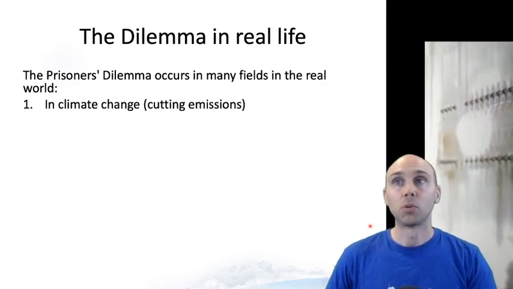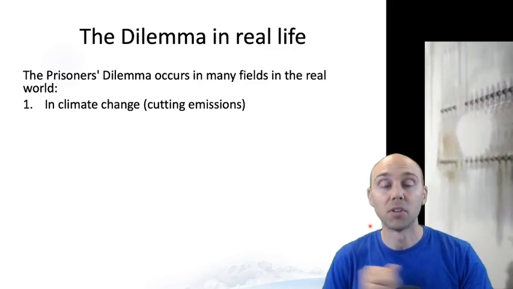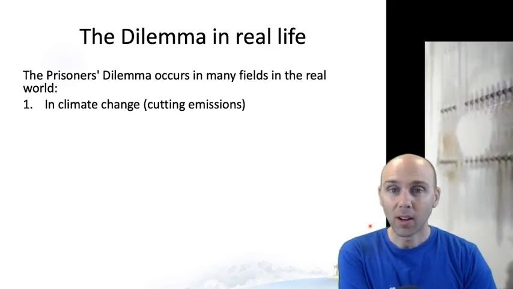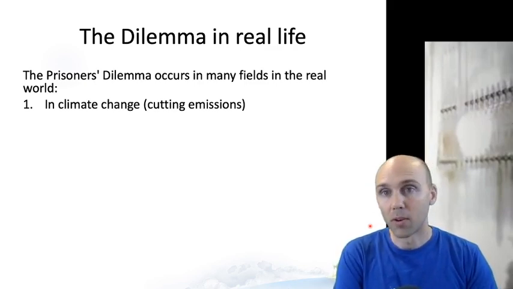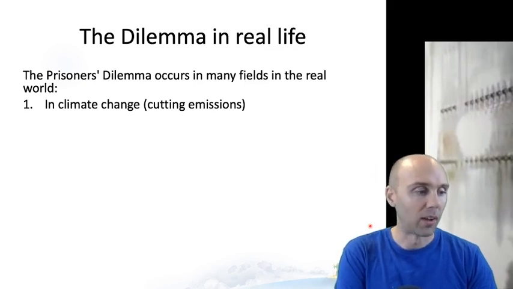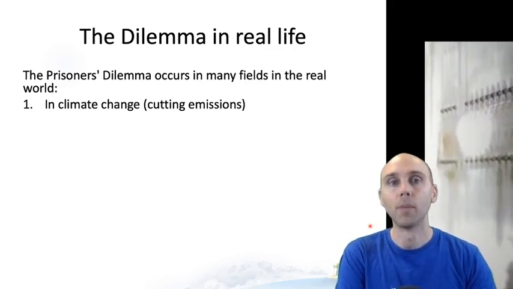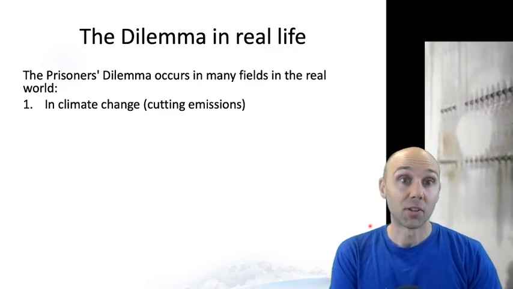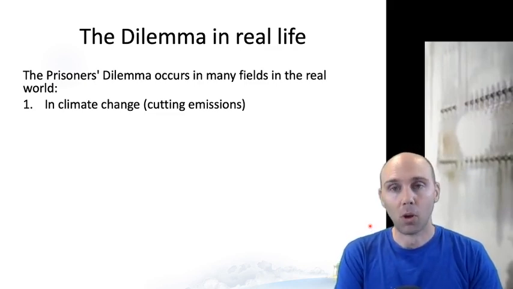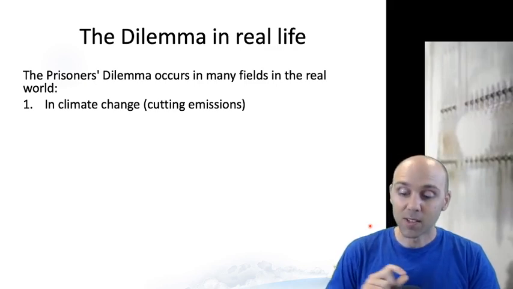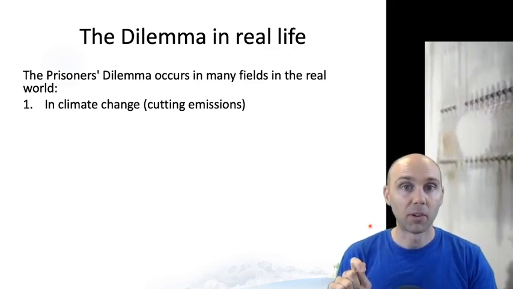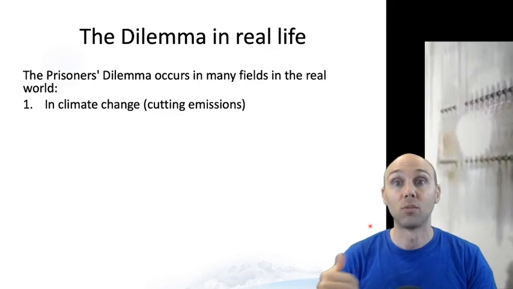Maybe all countries would prefer a world where their production is greener and emissions are cut. But if just one country, say the US, says we're not going to stick to the agreement, we're going to let our firms produce more, then that country does quite well because most of the world is greener, pollution goes down, and they can make a small contribution to pollution but reap huge profits by having cheaper production.